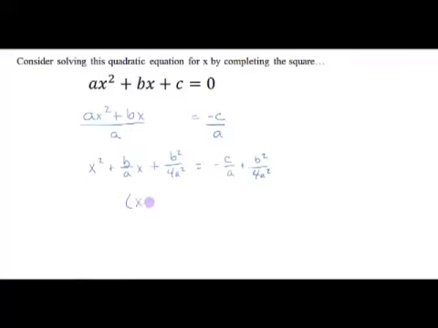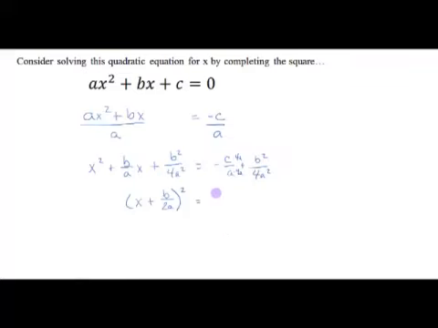It gives me x plus b over 2a quantity squared equals, and on the right side I need to go ahead and multiply this first fraction by 4a over 4a so that I can get a common denominator to add those fractions.